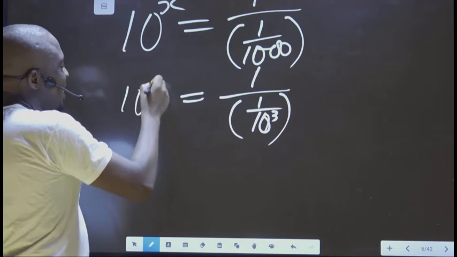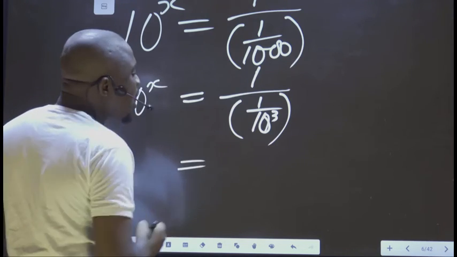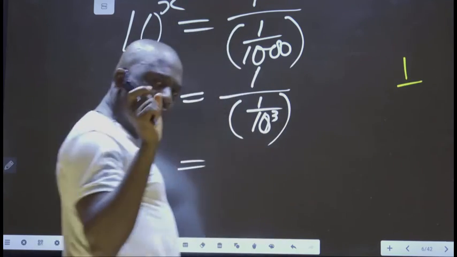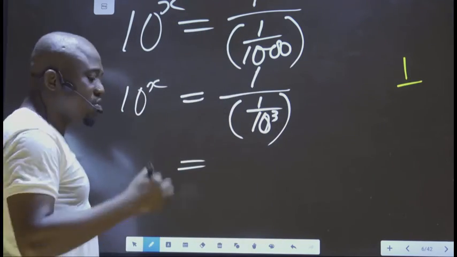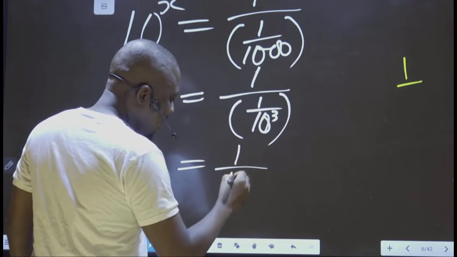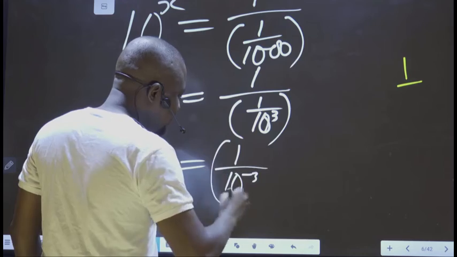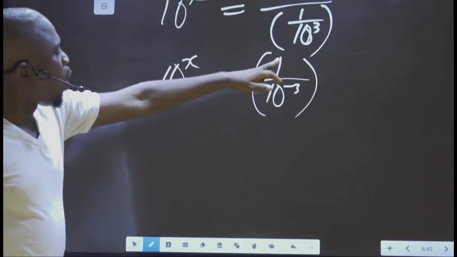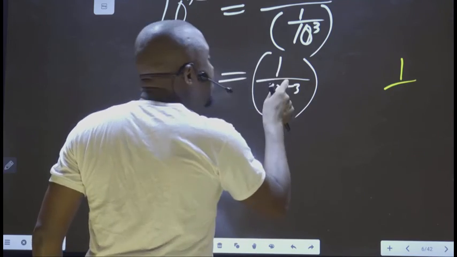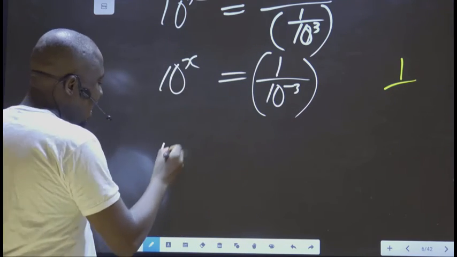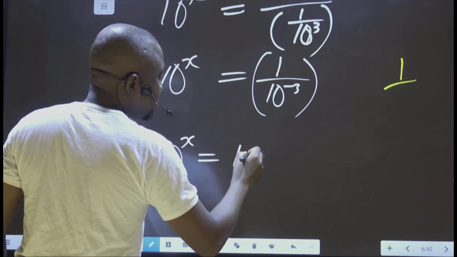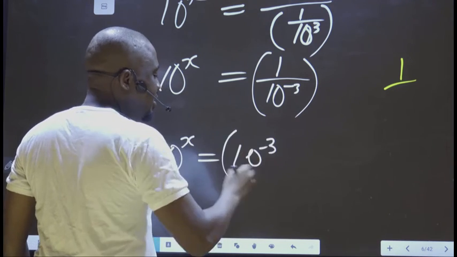So this is 10x. Still equal to, what is the meaning of this? Raised to power minus. So we have 1 over 10 raised to power minus 3. Okay? What is the meaning of this again? This one again, still mean minus again. So I'm going to do 10 raised to power s is equals to 10 raised to minus 3.